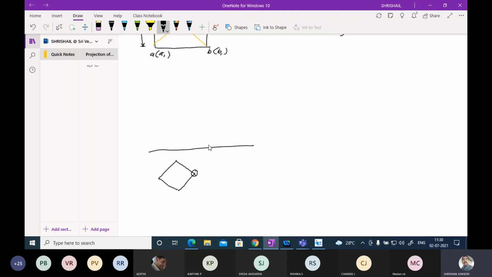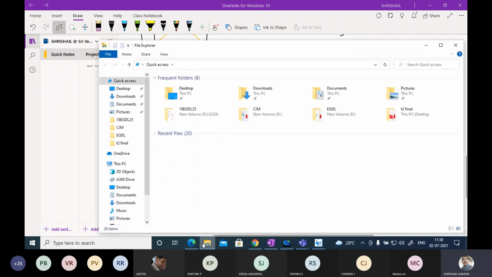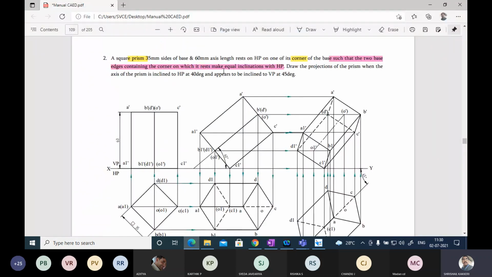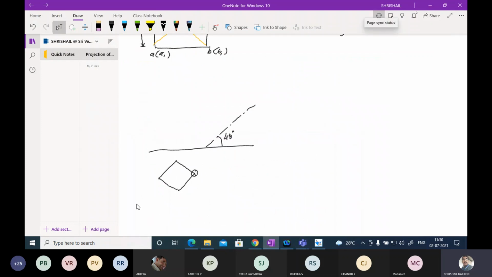It is resting on the corner and the axis is inclined at an angle of 40 degree, and another thing they have given us is that the axis is inclined at 40 degree and it appears to be at an angle of 45 degree in the VP.